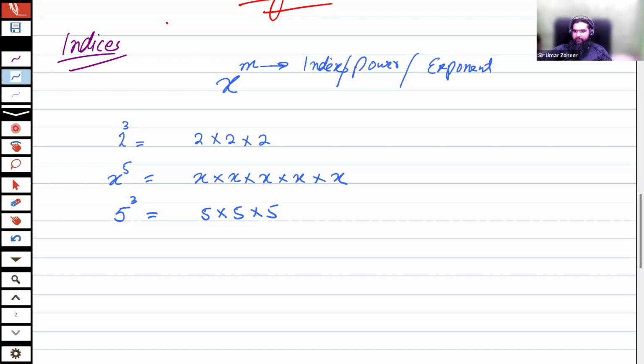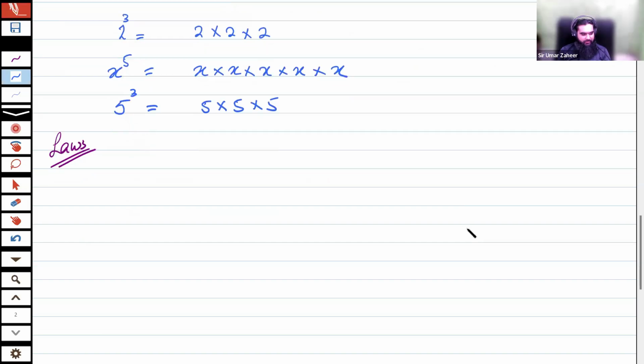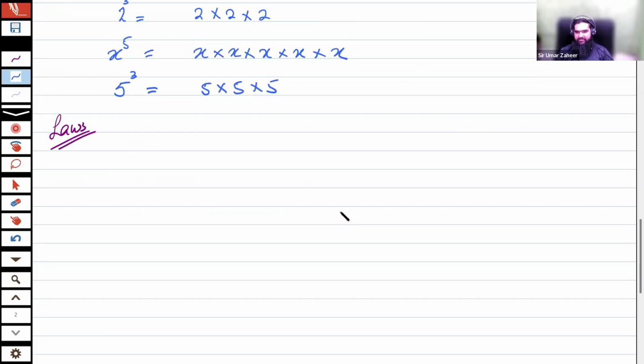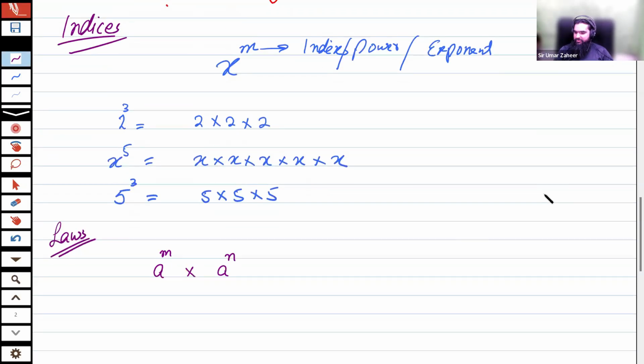All right. Now, after that, we have to go for the laws of indices. The first or a very basic rule of the indices concerns two values that are multiplying and have the same base. Base means, for example, if you have 4x raised to power 3, so x is basically your base.